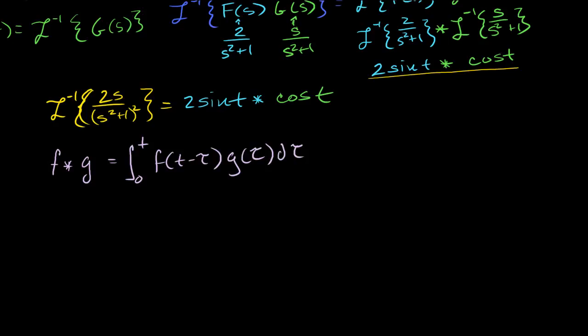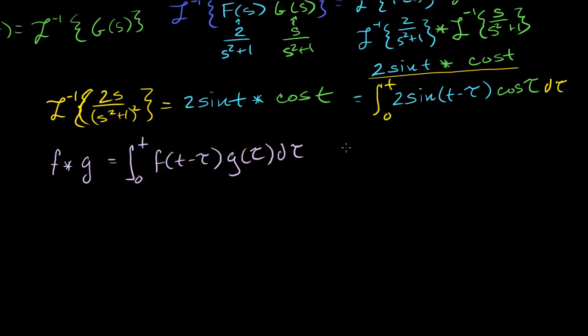So 2 sine of t convoluted with cosine of t is equal to the integral from 0 to t of 2 sine of t minus tau times the cosine of tau d tau. Now, if you watched the very last video I made, I actually solved a very similar thing to this.